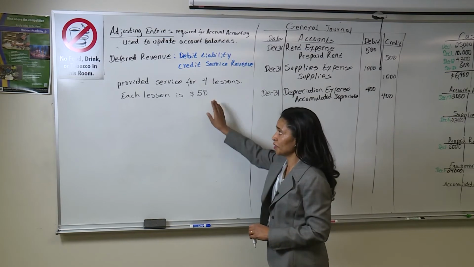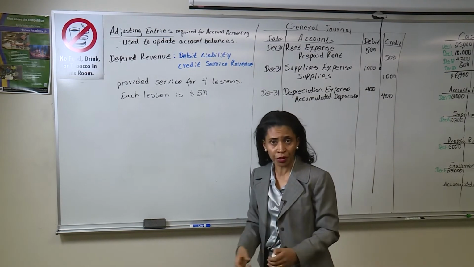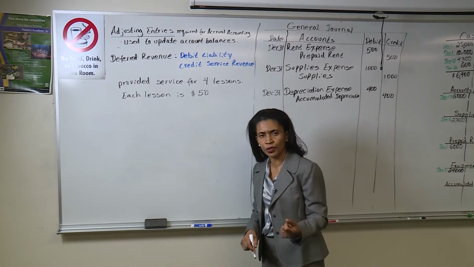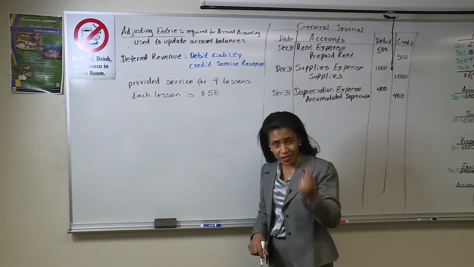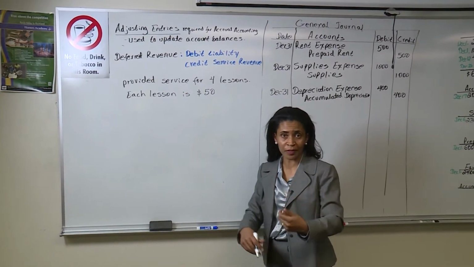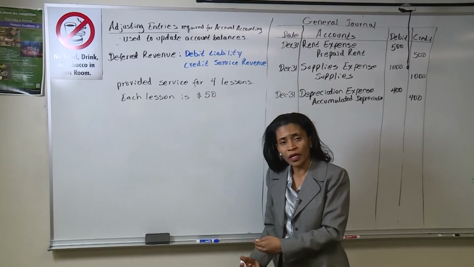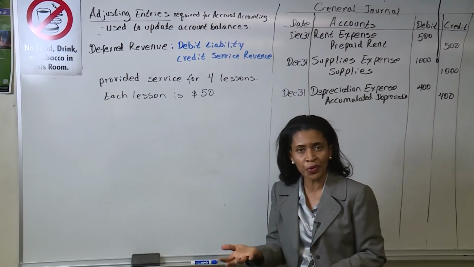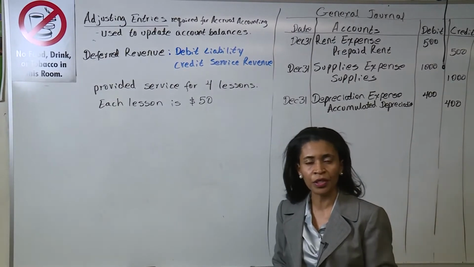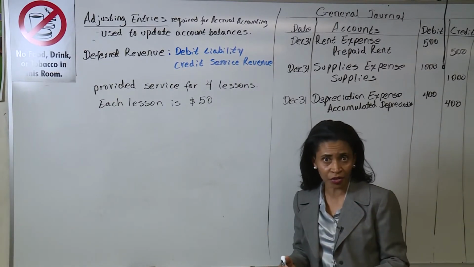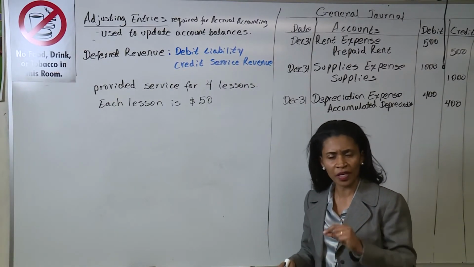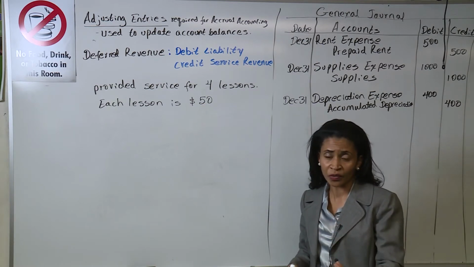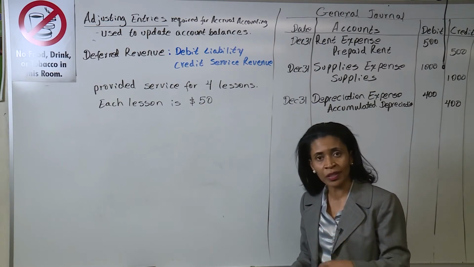Okay, on this side, we have the second category, which is deferred revenue. Deferred revenue is when we receive money from our customers in advance without giving them the service. Sometimes customers pay in advance. How do we handle that? If you remember in our analyzing transactions discussion, whenever we receive money without giving the service, we have to put it as a liability.